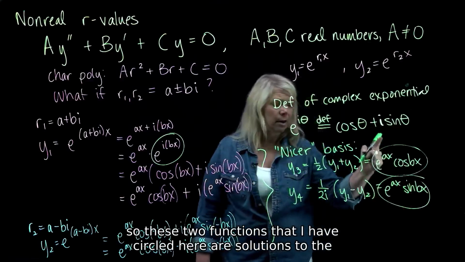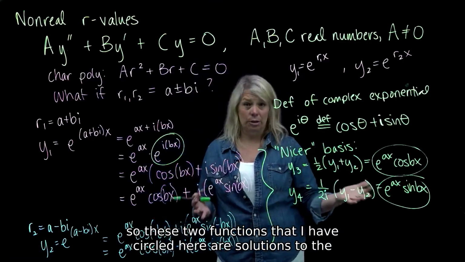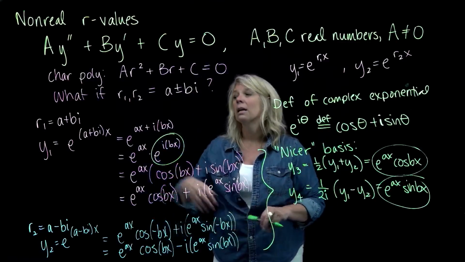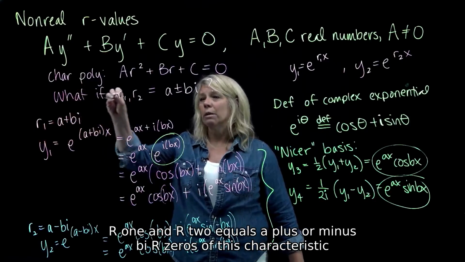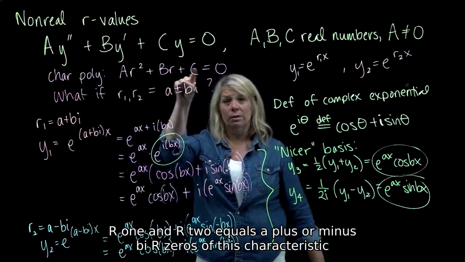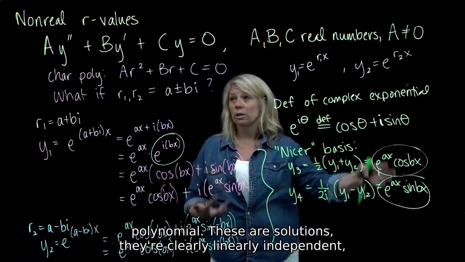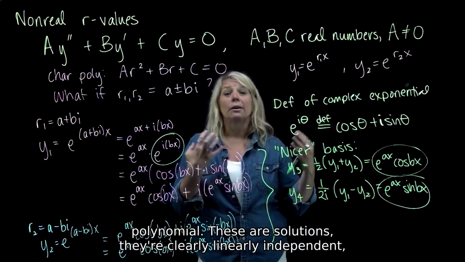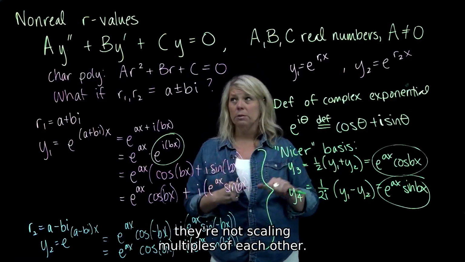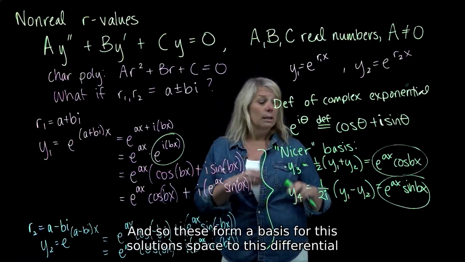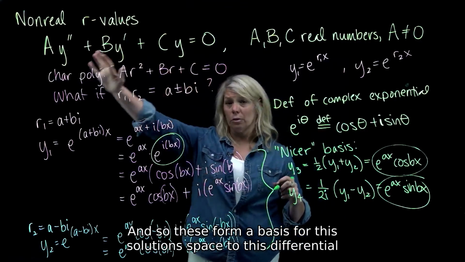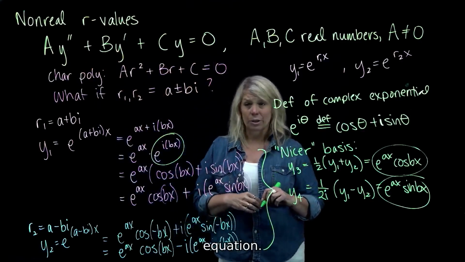All right, so these two functions that I have circled here are solutions to the differential equation, provided R1 and R2 equals a plus or minus bi are zeros of this characteristic polynomial. These are solutions. They are clearly linearly independent. They are not scalar multiples of each other. And so these form a basis for the solution space to this differential equation.